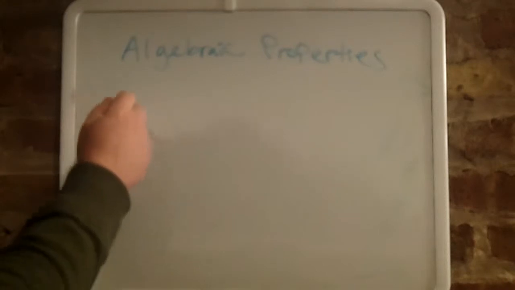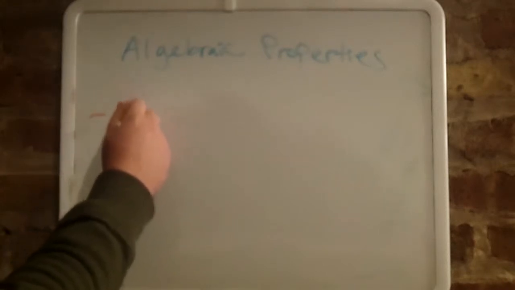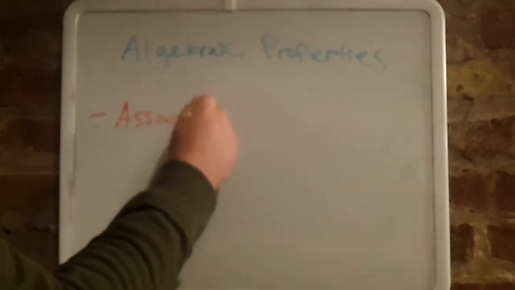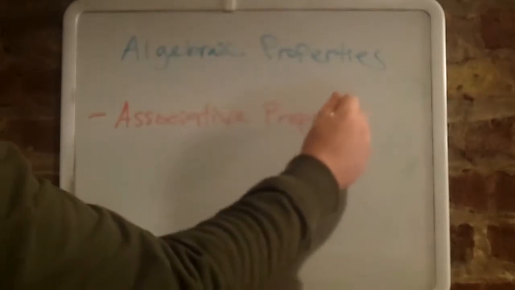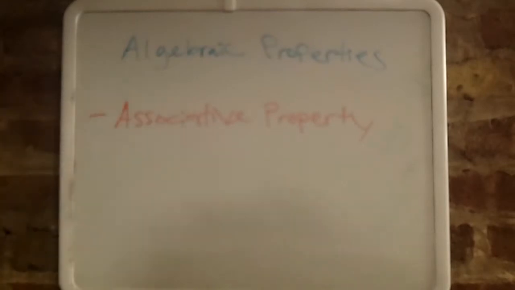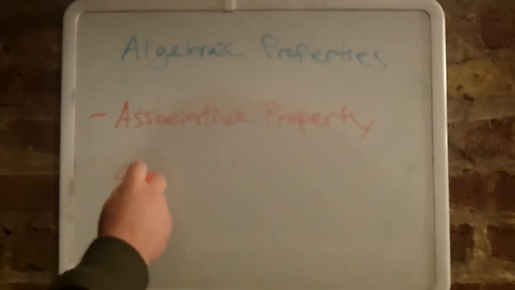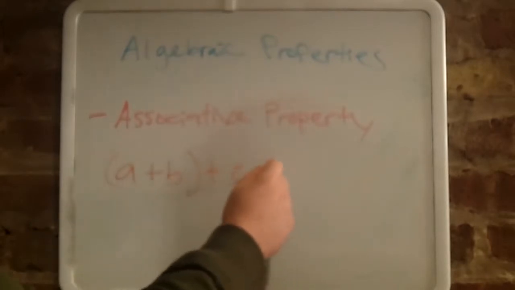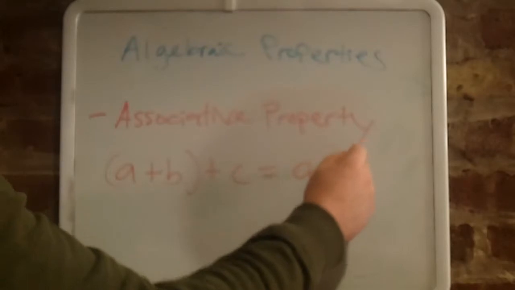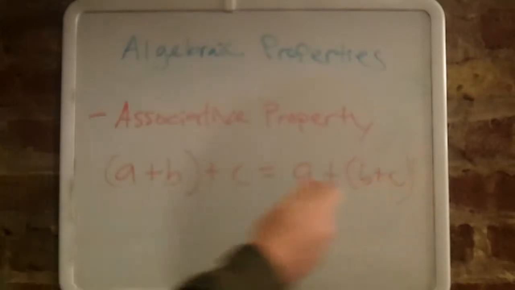So you have the associative property. This one says that it doesn't matter how we group things by parentheses. So for example, if A, B, and C are all numbers, A plus B plus C is the same as A plus B plus C. So in other words, it doesn't matter how we group it.